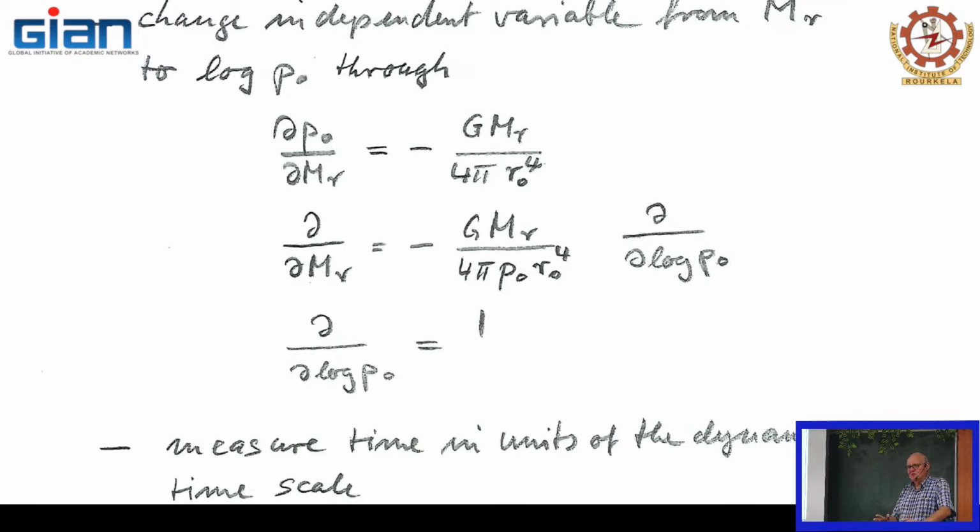In other words, the star is expected to follow the period-density relation, so normalizing periods by the period-density relation is an equivalent way to measure times in units of the dynamical timescale.